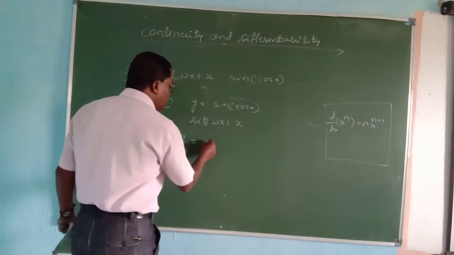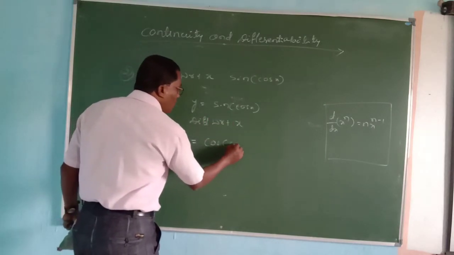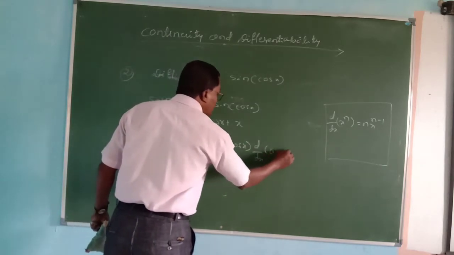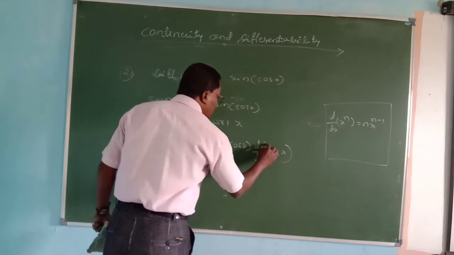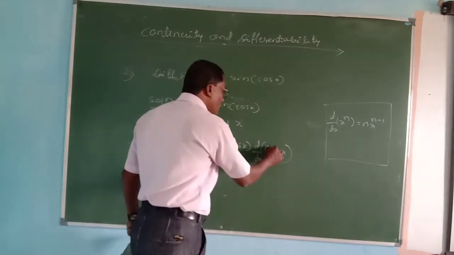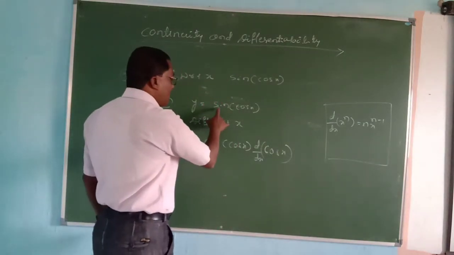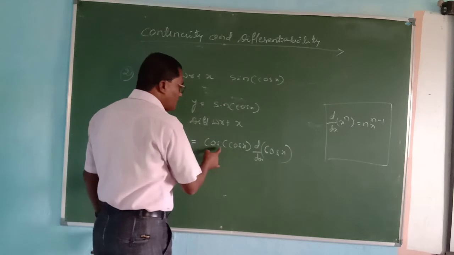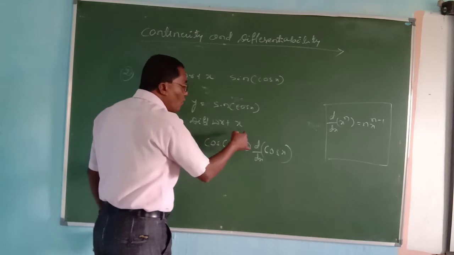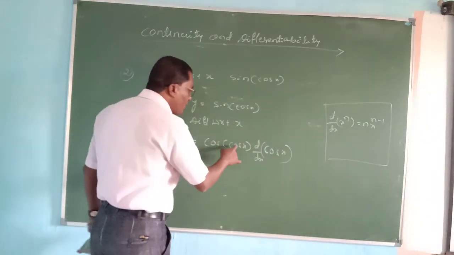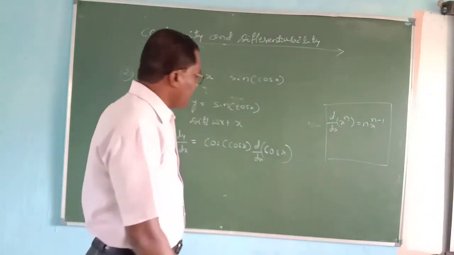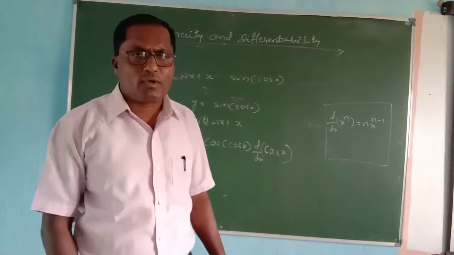Differentiation of sine is cos. Cos of cos x into differentiation of cos x. Just you understand. What is the confusion? See, composite function means first differentiation of sin x is cos x. Cos of cos x. Then differentiation of what is in this bracket. Directly you solve it is also possible, no doubt.